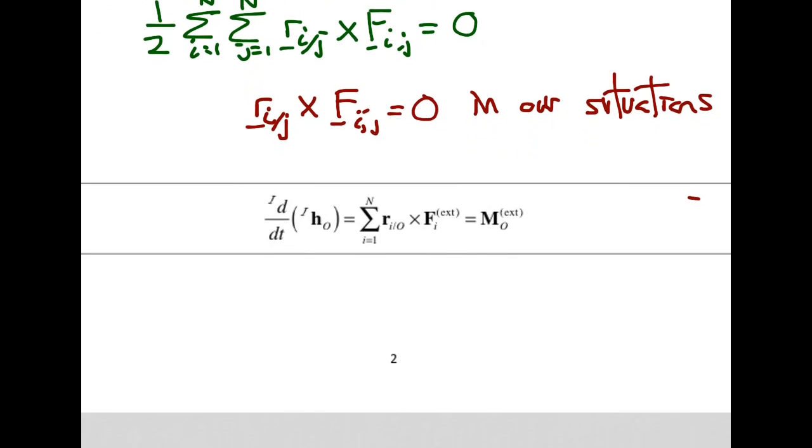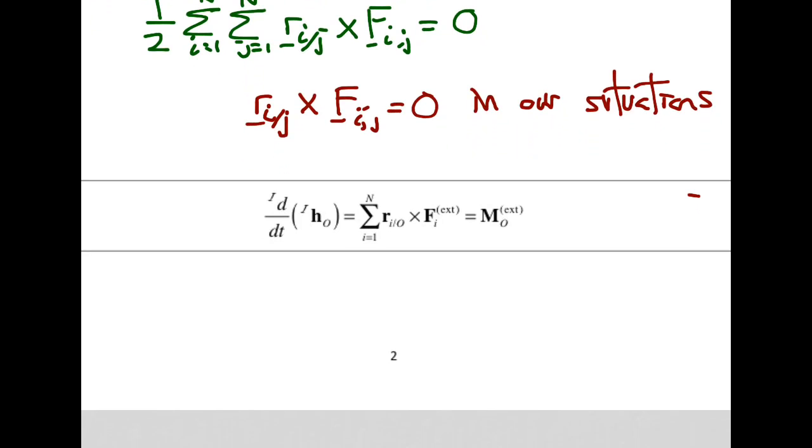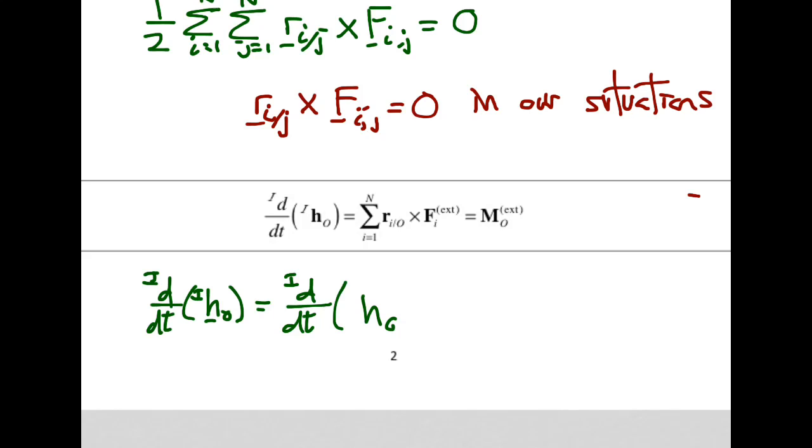Now, as a word of warning, don't get lured into saying the time derivative, as observed in the inertial reference frame, of our total angular momentum is equivalent to the time derivative of the angular momentum of G with respect to O. All right, we haven't made this assertion, and we can't say that this is equal to the moment about G due to external forces or anything like that.